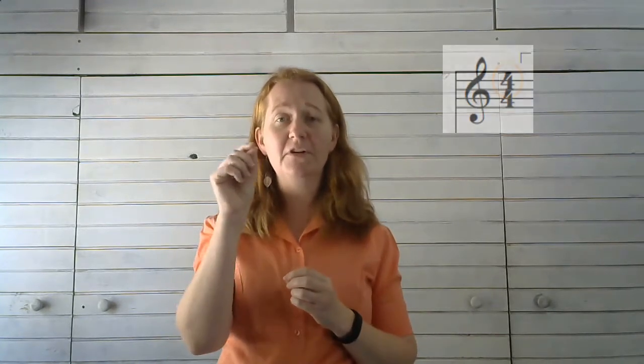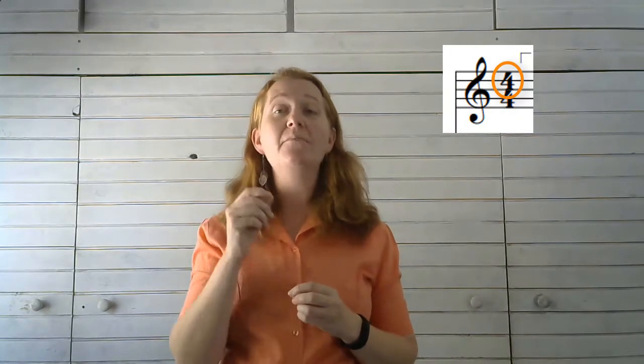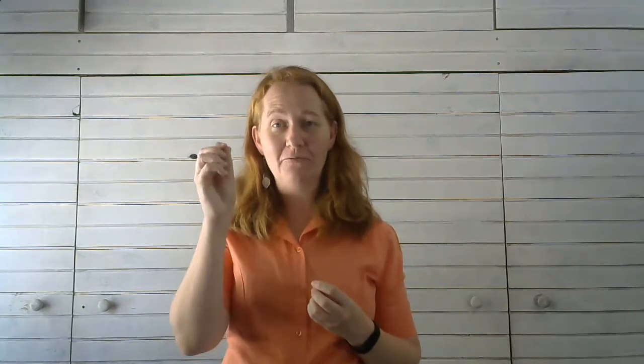The top number in each time signature tells you how many beats there are in the bar. So 2, 3, 4, or 6. And then the bottom number tells you how long those beats are. The most common one will be a 4, and that basically means a single beat. That's just how it worked out over the years. And then it's like fractions. So just like you have a quarter, 1/4.